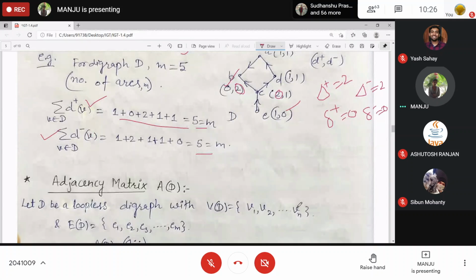We had an adjacency matrix in the case of a simple undirected graph, right? How did you define it? G is a loopless graph, there should not be any loop, with vertices V1, V2, and so on up to Vn, and edge set E1, E2, and so on up to Em. We list vertices at the rows and edges at the columns and write 1 or 0 depending on whether there is incidence.